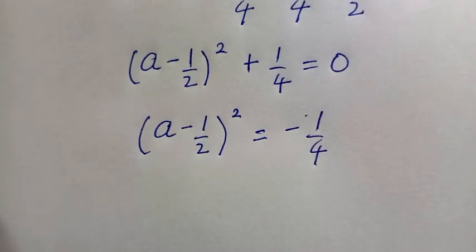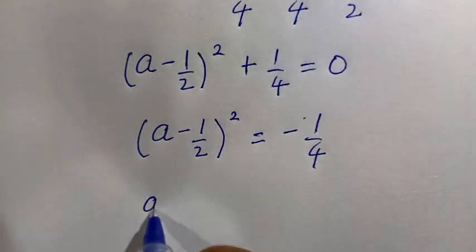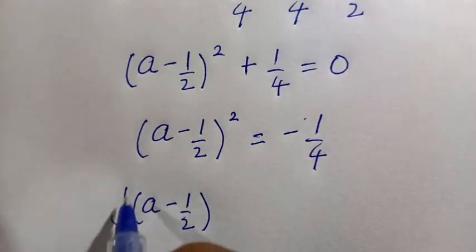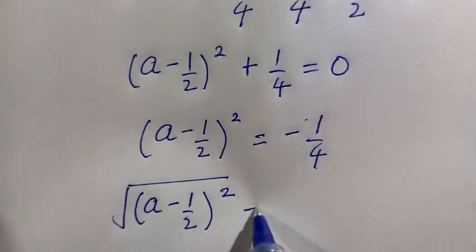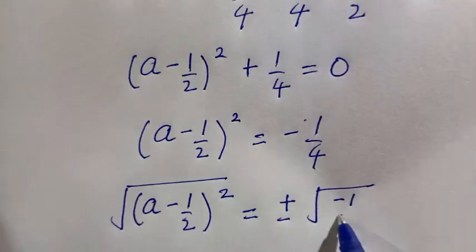And let's take the square root of both sides. So by taking the square root of both sides, we have (a minus 1 over 2), with the square root cancelling the square, equals plus or minus the square root of minus 1 over 4.